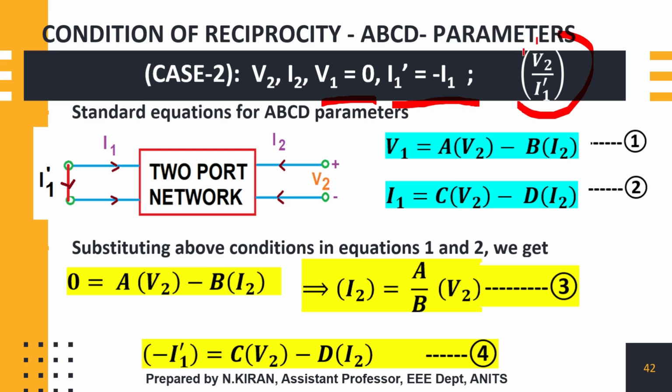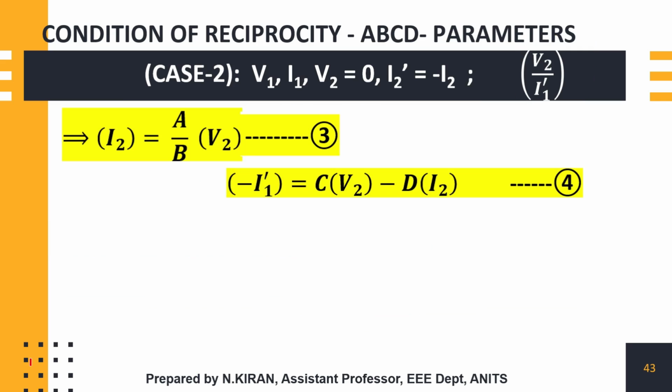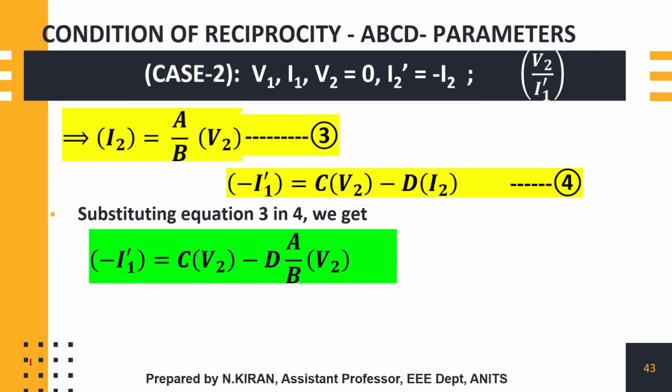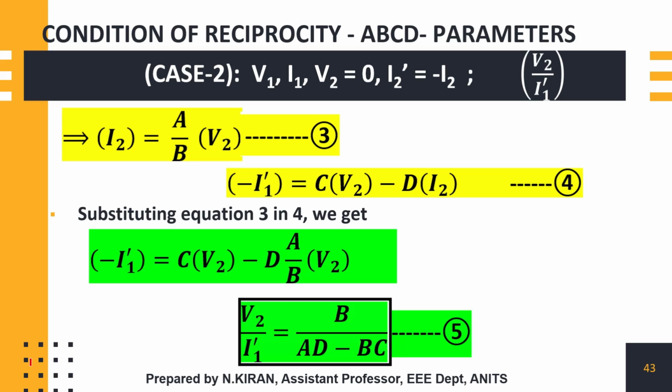Since my aim is to find V2 by I1 dash, from the fourth equation I can easily get the ratio of V2 by I1 dash provided I eliminate I2, and that I will eliminate using the above expression. This expression I can rewrite as I2 is equal to A by B into V2, which I consider as the third equation. So after substituting the third equation and fourth equation, I'll get my required ratio, that is V2 by I1 dash is B by AD minus BC.